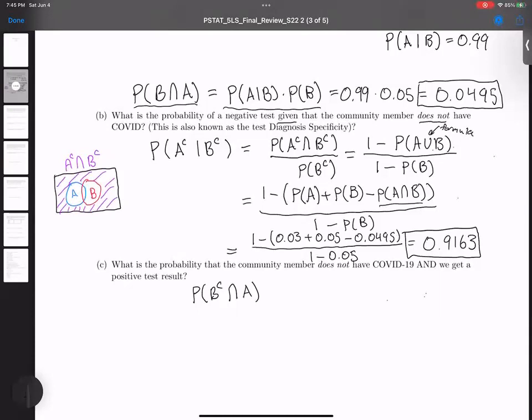Because we just computed something with the given B complement part, I'm going to use that. So I'm going to break this up as the probability of A given B complement, matching what we found in part B, and then this would be times the probability of B complement.